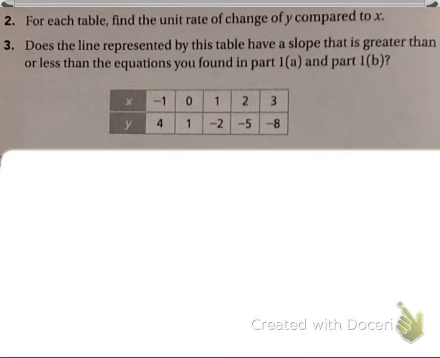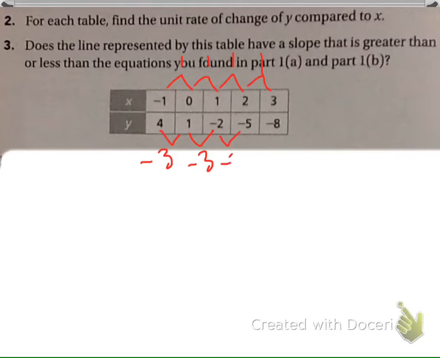Okay, 3 says, does the line represented by this table have a slope that is greater than or less than the equations you found for part 1 and A and B? Okay, so I need to make an equation for this table. From -1 to 0 is going up 1 each time. From 4 to 1 is going down 3.